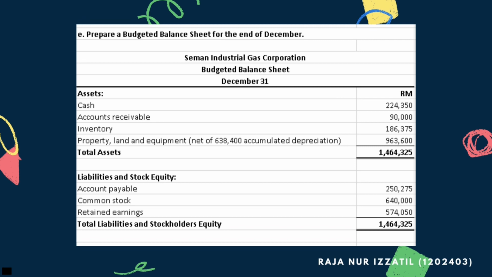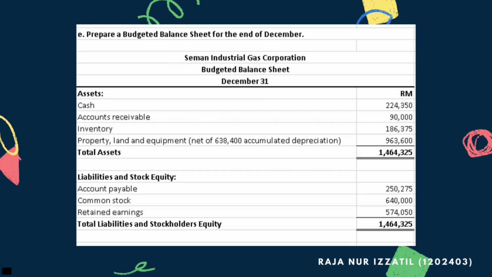And the last item is retained earnings, which we calculate 456,250, the retained earnings from October 31st, which we can get from the table. We plus with 56,000, the net operating income for November, and 61,800, the net operating income for December. And we will get the total of retained earnings, 574,050.